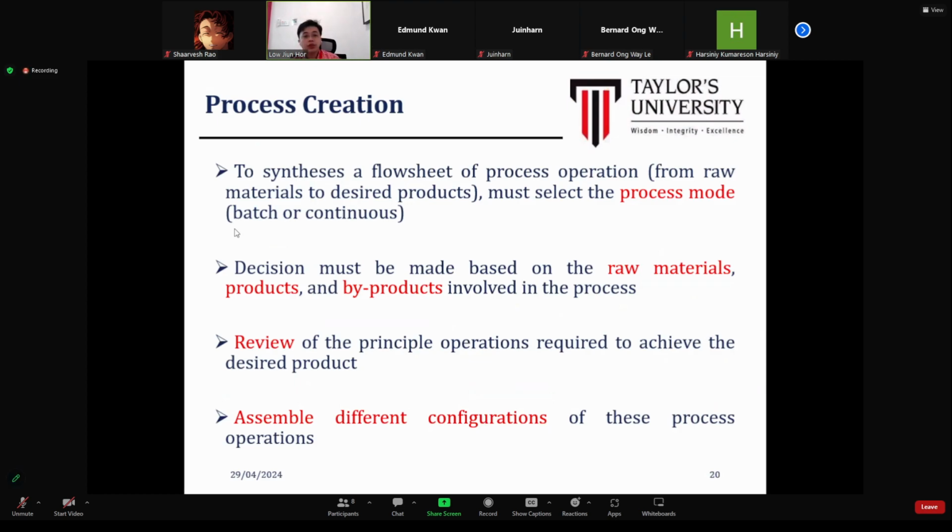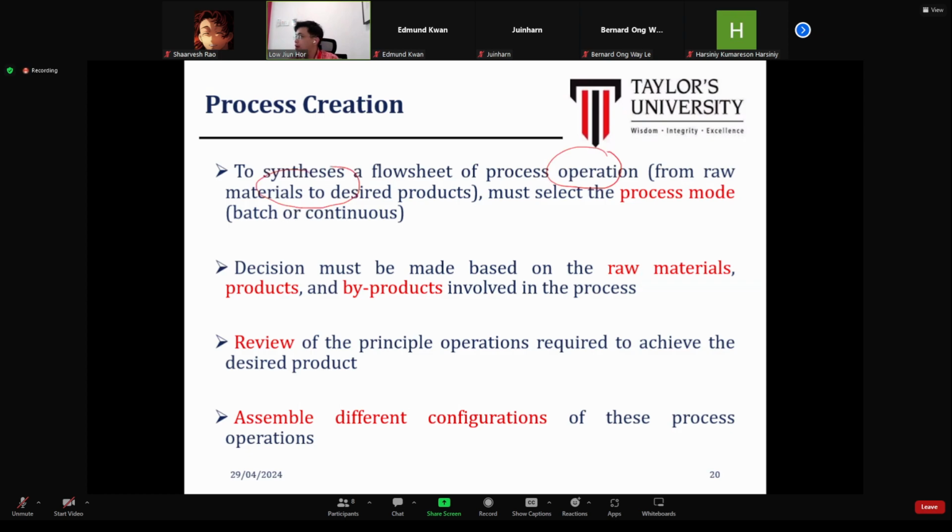So now we proceed. Just now we already identified all the possible reactions or processes that we are going to use in order to produce our product. All these processes and technologies will involve the use of different unit operations and also different raw materials.